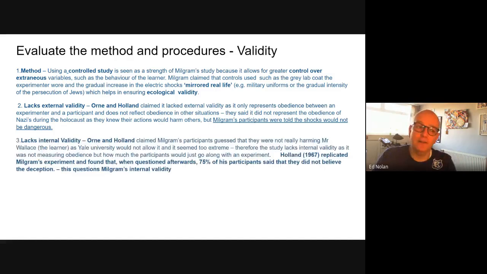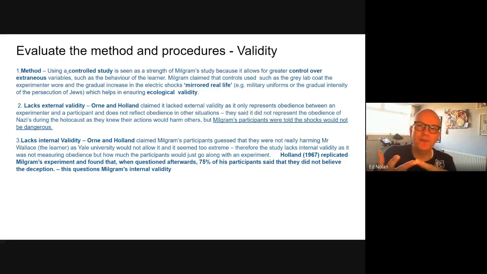They also argued that it lacked internal validity, because the participant would go in and quickly work out that this wasn't real, for different reasons. Number one, it seemed very severe. The punishment of administering electric shocks seemed far too severe; Yale University wouldn't allow someone to get harmed.